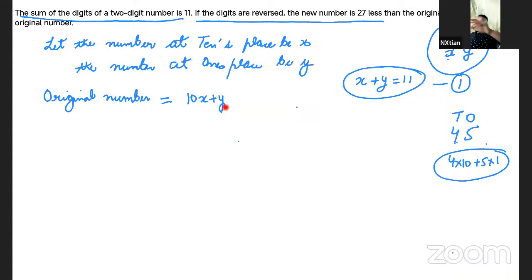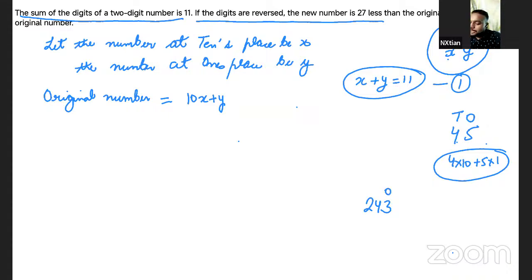See, the number formation is basically the expanded form. In expanded form, the digit at the tens place we multiply by 10, and the digit at the ones place we multiply by 1. If I write 243, what is its expanded form?